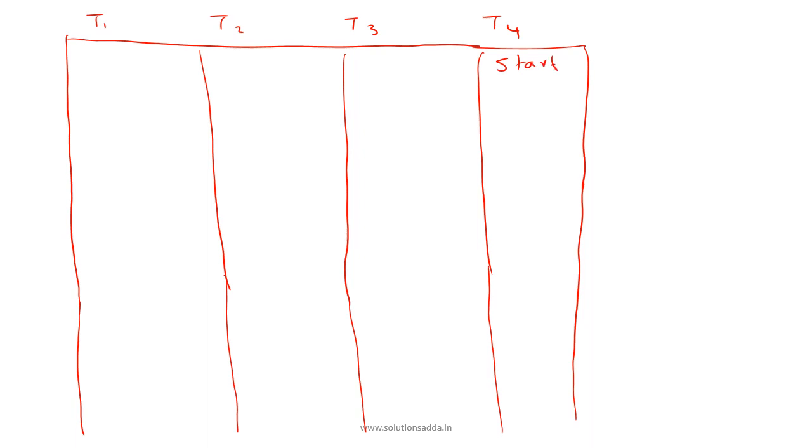Then we are showing write by W y2 3. Then we are starting the transaction T1. Then we are committing T4. Then we are writing Z5, 7. Then we are checkpointing.